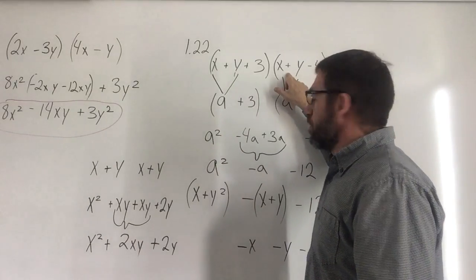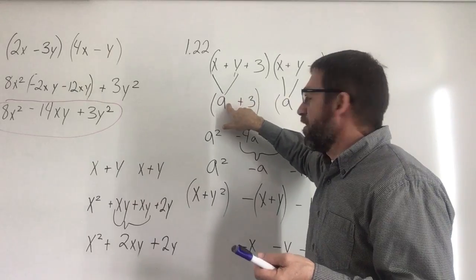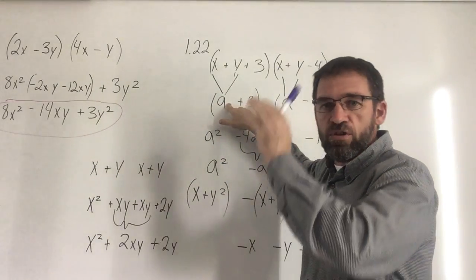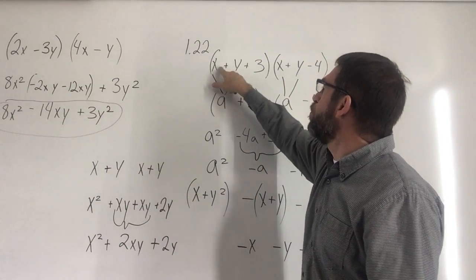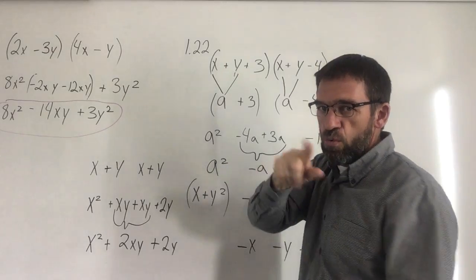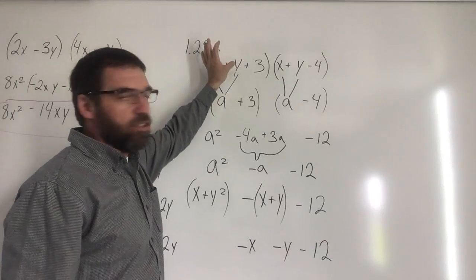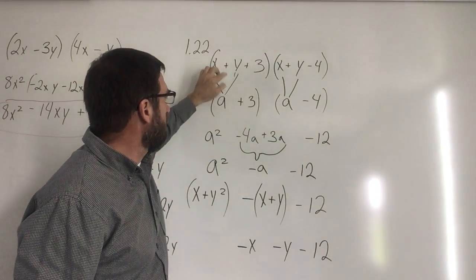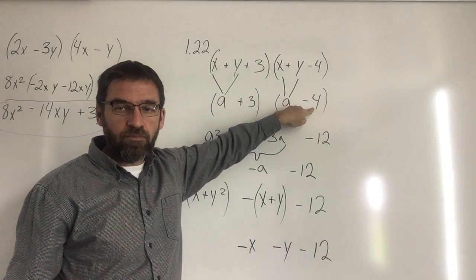You can substitute s, or j, or w. I don't care what letter, but use something different from this, and I'll tell you why a little later. Don't use x again. So now you can narrow this trinomial down to two terms: a plus 3, a negative 4.